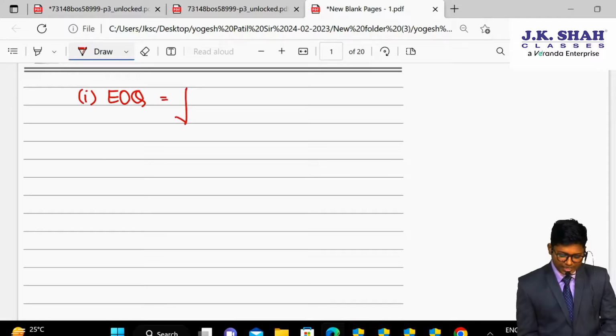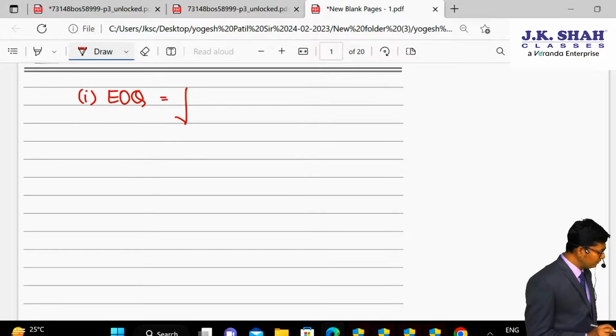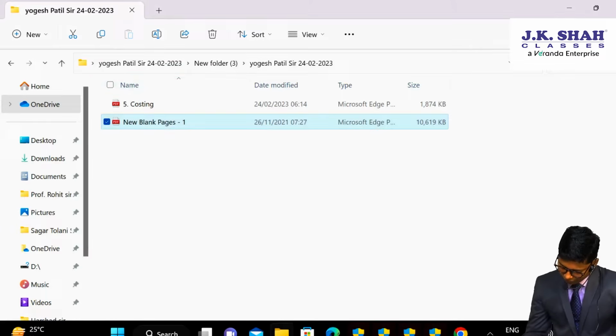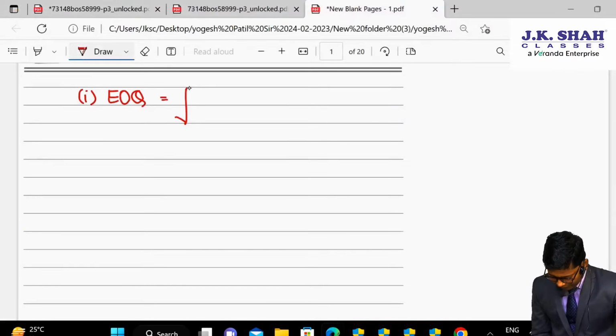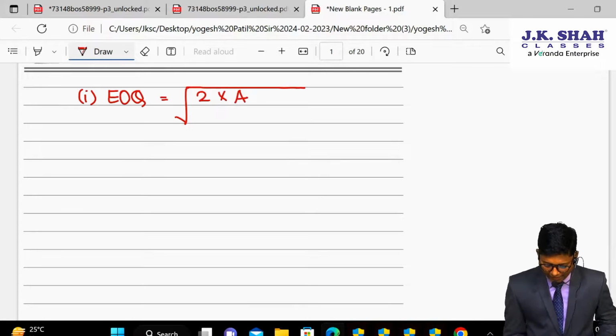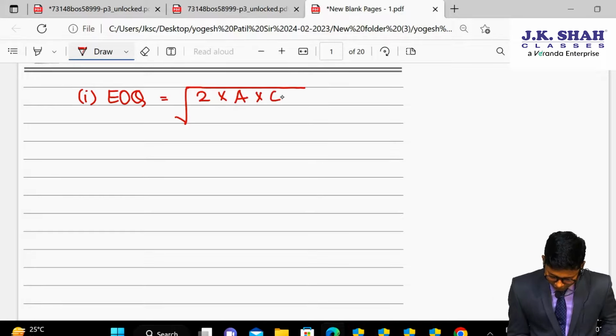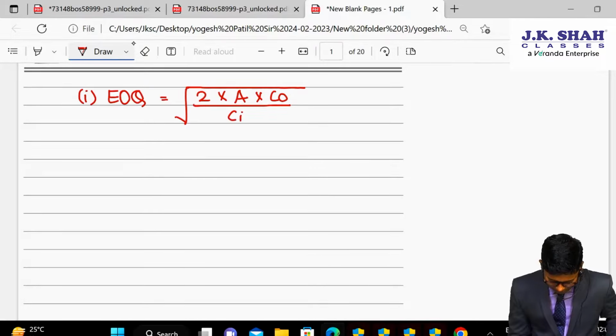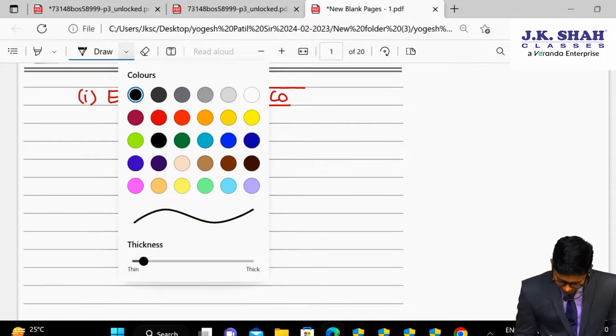The first thing we record is 2 into A, where A stands for annual requirement, and after annual requirement you should record the ordering cost, and this entire calculation we should divide by the carrying cost. Now please substitute the elements into this formula.